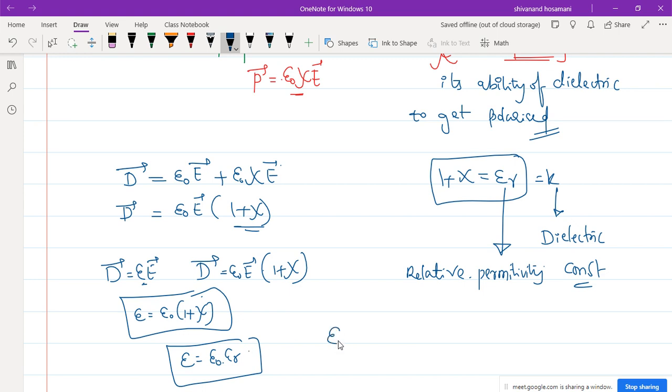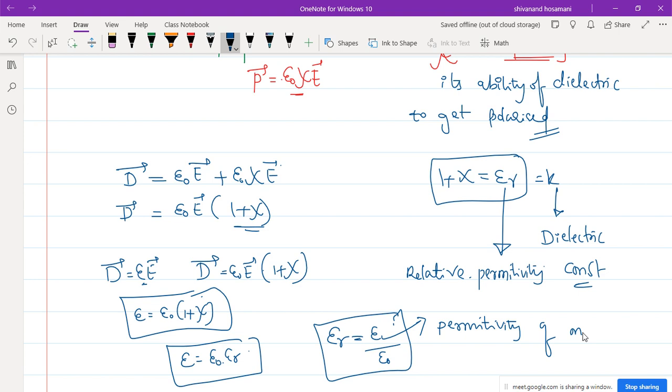Epsilon r is nothing but relative permittivity, that is epsilon divided by epsilon naught. What is this epsilon? This epsilon is defined as the permittivity of the medium, where epsilon naught is the permittivity of free space. Is that clear?